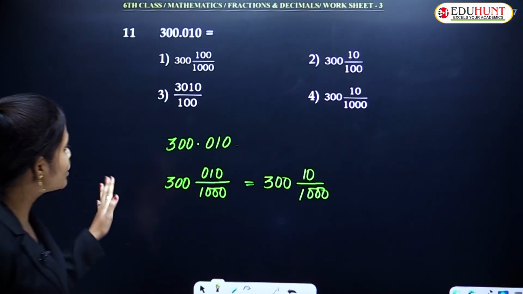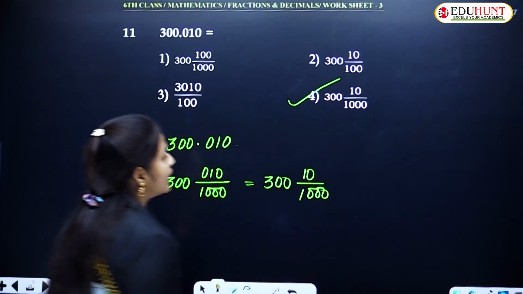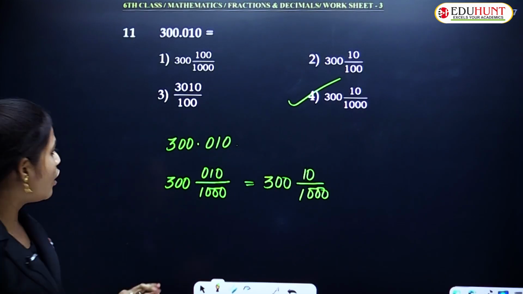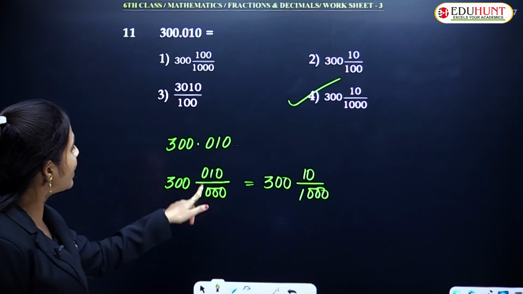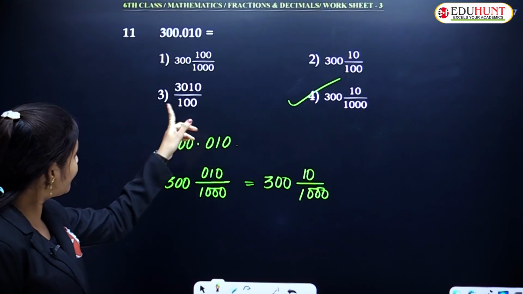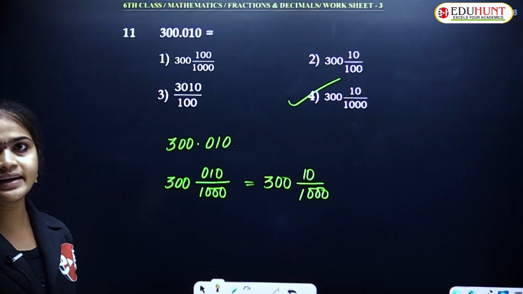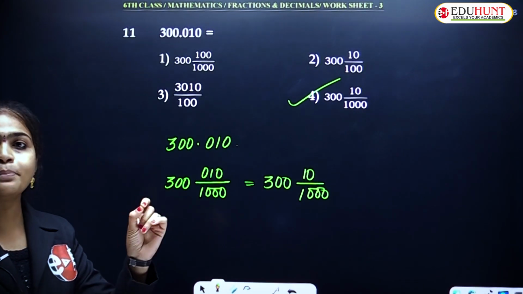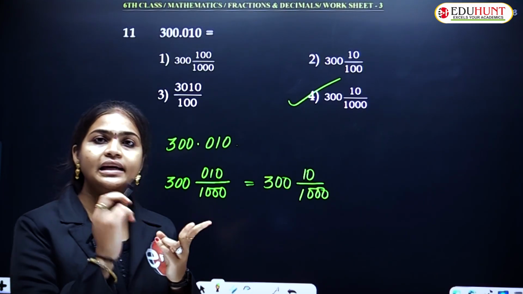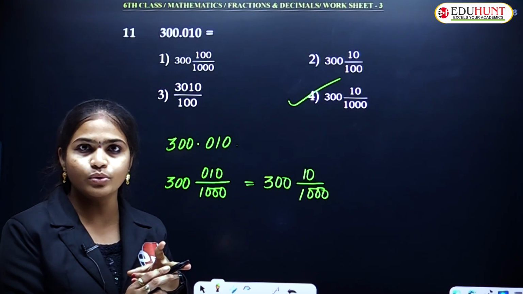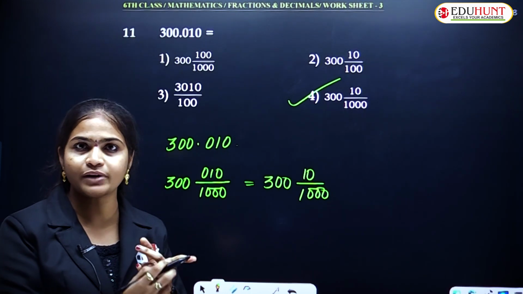As per this, which option is satisfying? Here 310 by 1000 is satisfying, or else 0 and 0 get cancelled, so 301 by 100 is satisfying, but that option is not there. That's why it is better to go for 310 by 1000. After the decimal point we have to distinguish significant and insignificant digits. The insignificant digit is 0, and significant means digits 1 to 9. Any such digit is significant only.